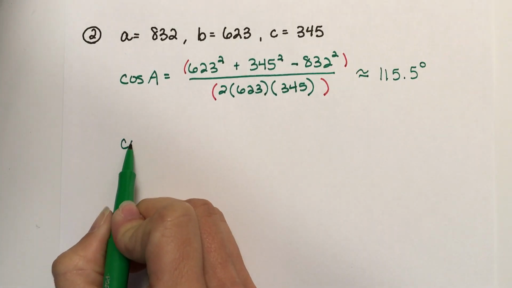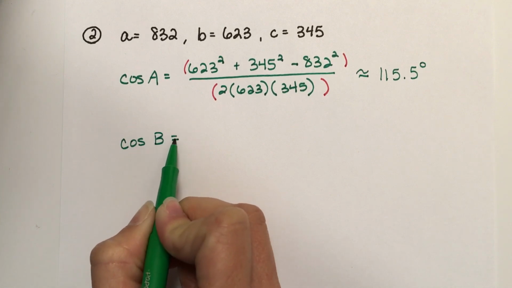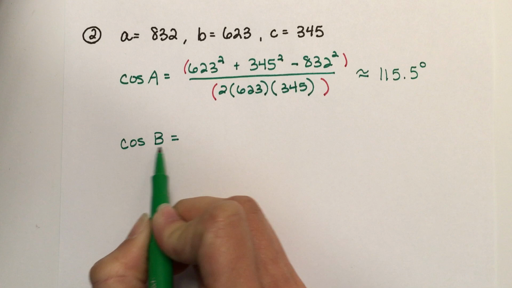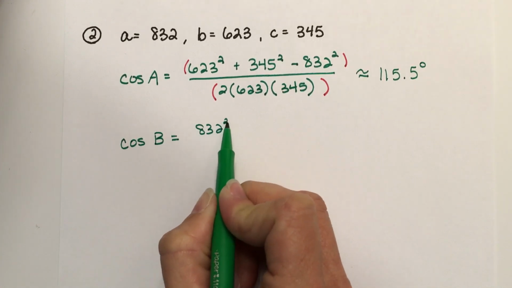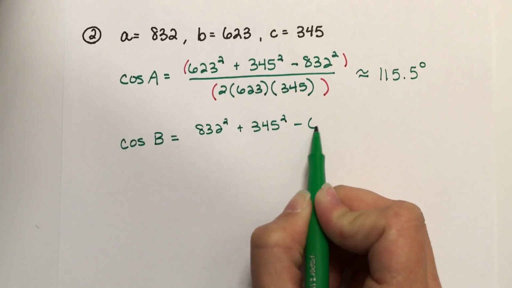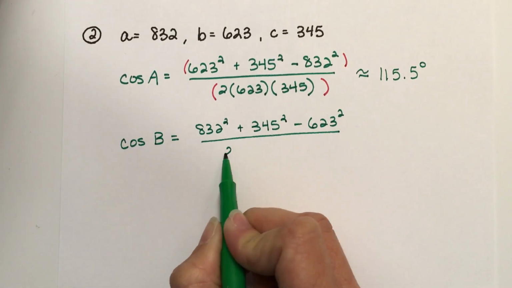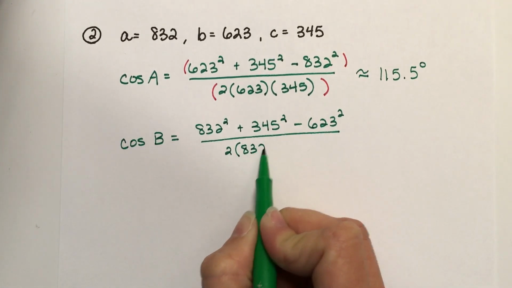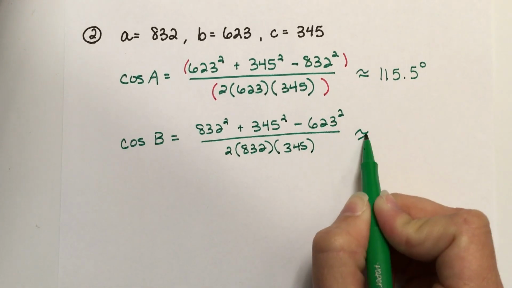Okay, now for the next angle, you'll also have to do this with law of cosines using your formula. So follow your formula for this one. It'll be 832 squared plus 345 squared minus 623 squared, divided by 2 times 832 times 345.